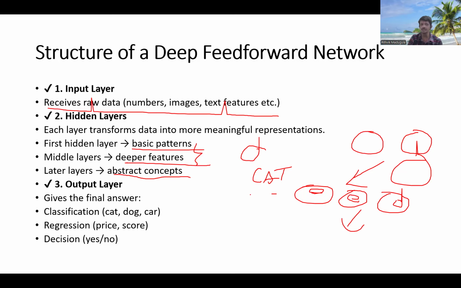That depends on the classification or the regression principles that we use as far as the output layer is concerned. We use regression techniques for things like price or scorecard, and classification to recognize cat, dog, car and other objects that we train.